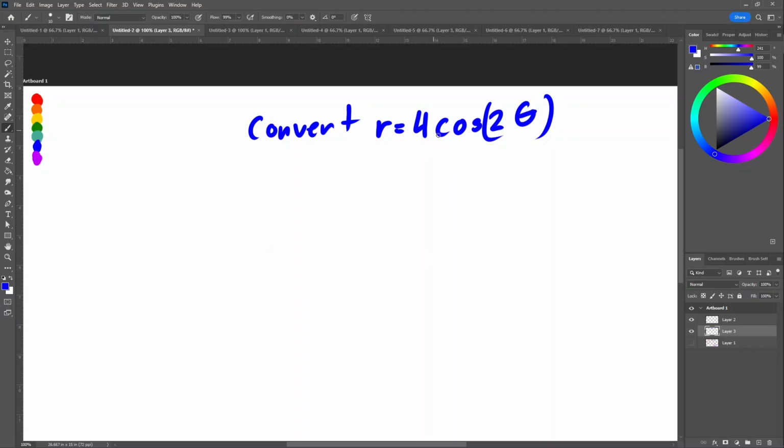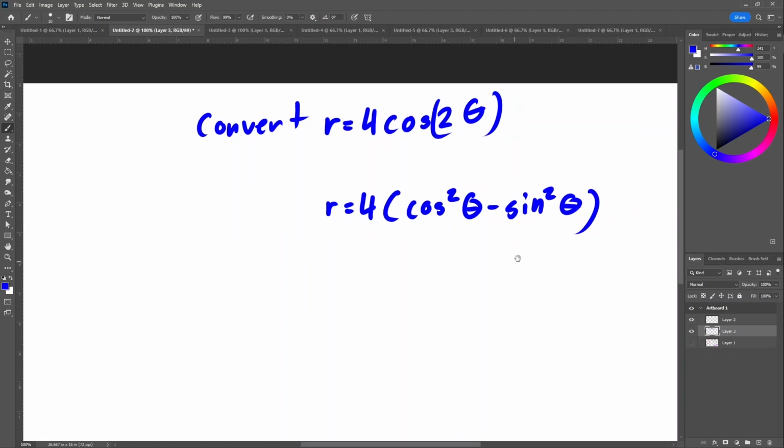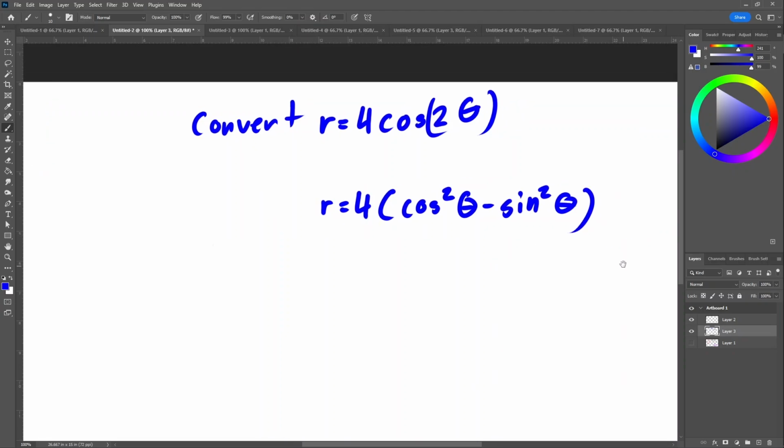We can convert that cosine 2 theta using our trig identity: r is equal to 4 times cosine squared theta minus sine squared theta. That would be our first step.